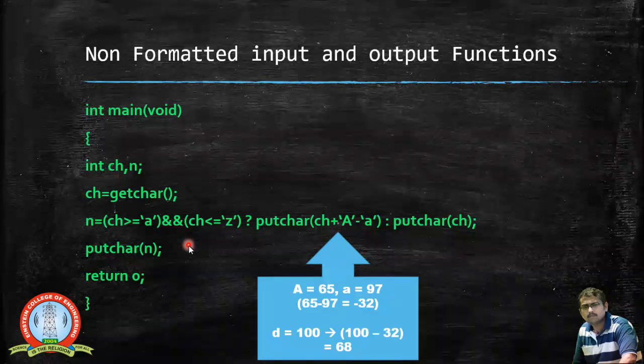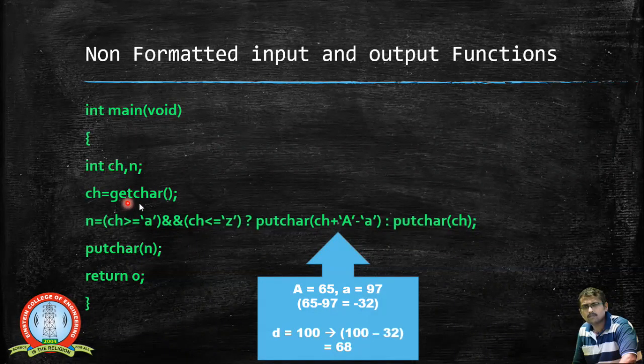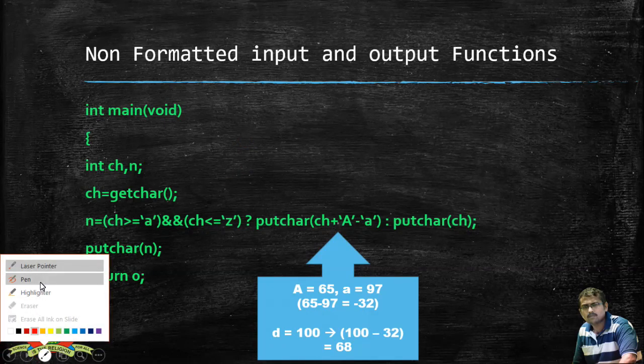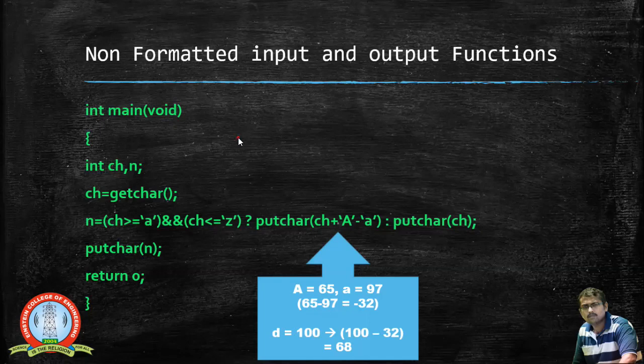After getting this character by using the getchar function, I check. Suppose I am entering a character D, which is a lowercase character, and this D gets stored inside this ch.